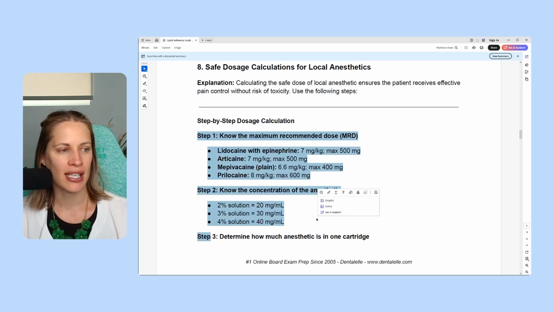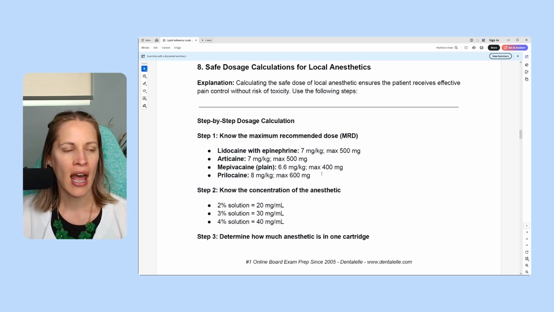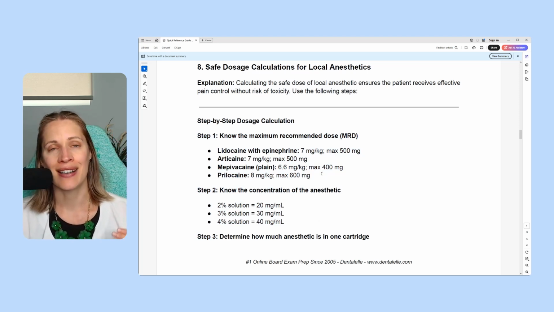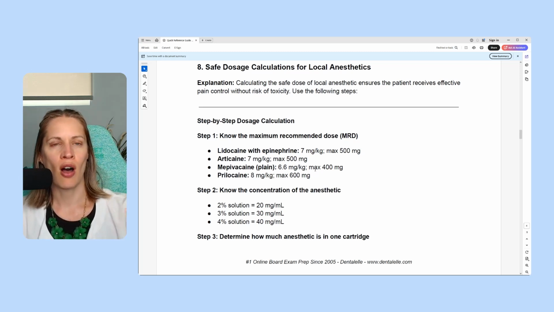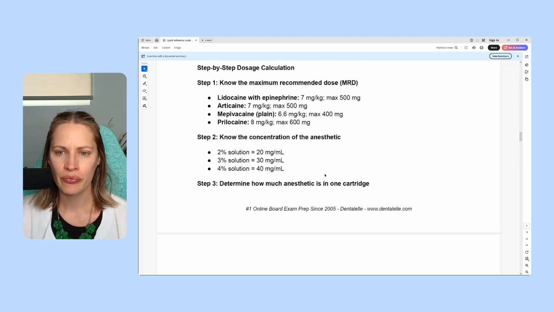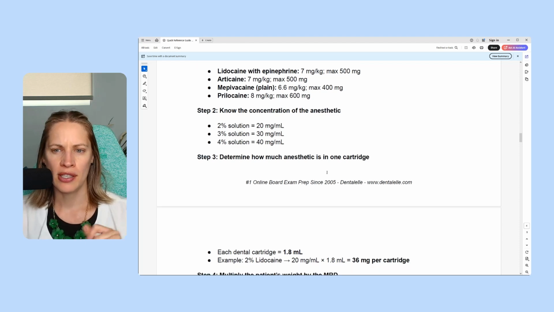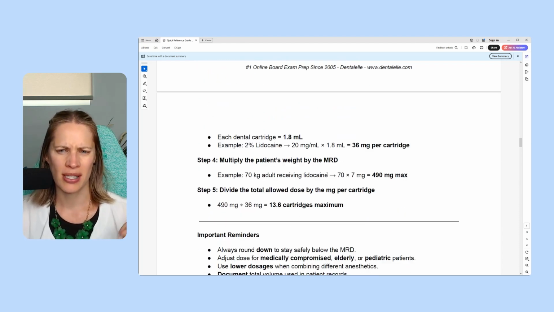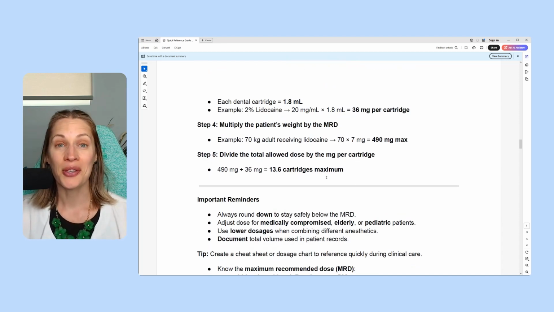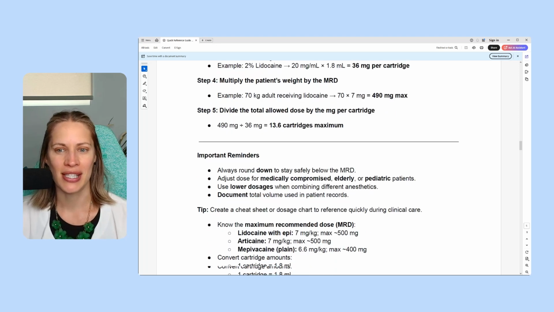Again, if you're interested in what I'm going through here today, I do have it all in a free study guide. You just have to click the link in the description and it will be emailed to you, or sometimes you will log in and then see it there. Okay, so we talk about different concentrations. You guys can go over that on your own because it's pretty self explanatory. But I tell you how to calculate the dose, which is nice.